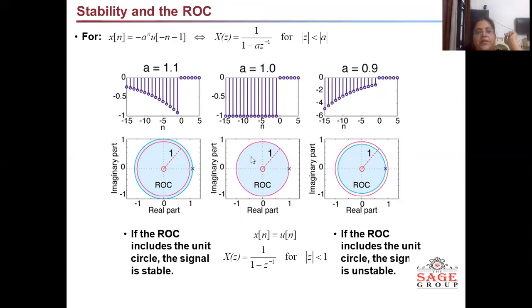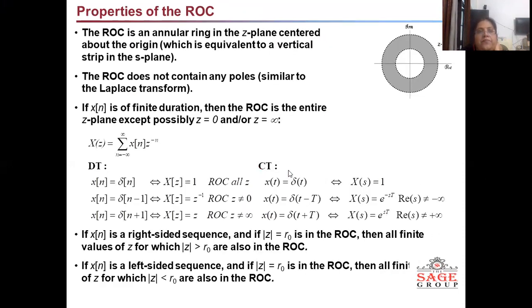When we find the different ROC for these conditions, if the ROC includes the unit circle, then the signal is stable, and if it does not include the unit circle, then the signal is unstable. So for the different values of a, we can conclude different ROC for the same given signal. Now the properties of the ROC.